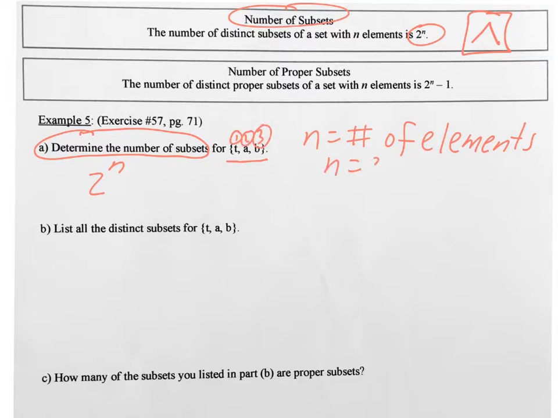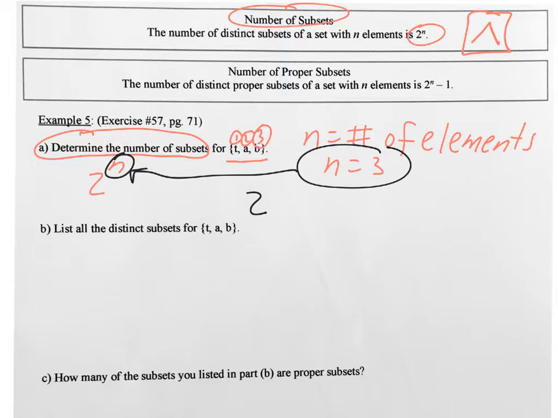So in this case, there are 3 elements, T, A, B, in the original set. So you're going to plug in 3 into the n in the formula, which is the exponent. The base is always 2, base meaning the number that holds up the exponent.